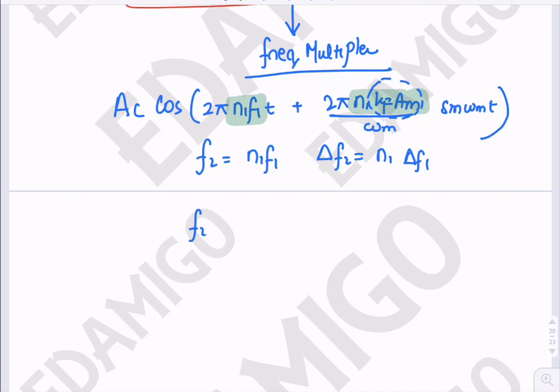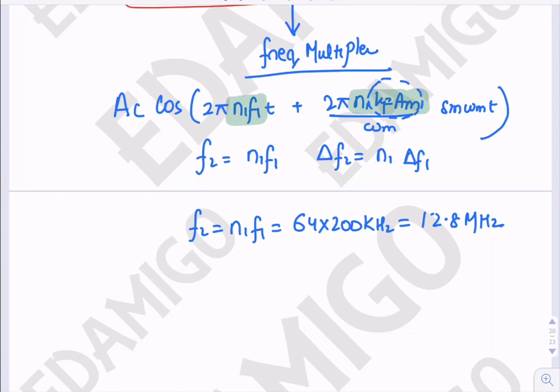So we have f2 equal to n1 into f1, that is 64 into 200 kilohertz, that will come out to be 12.8 megahertz.